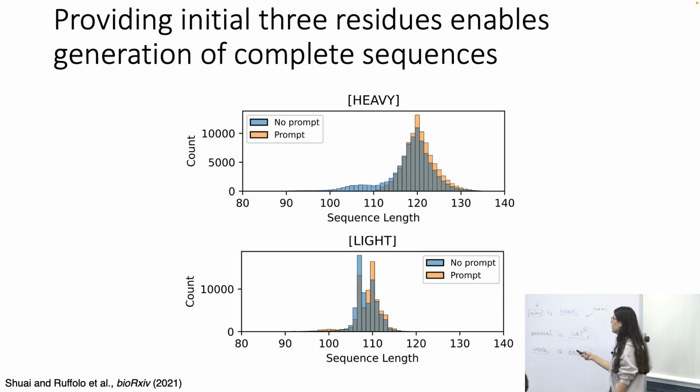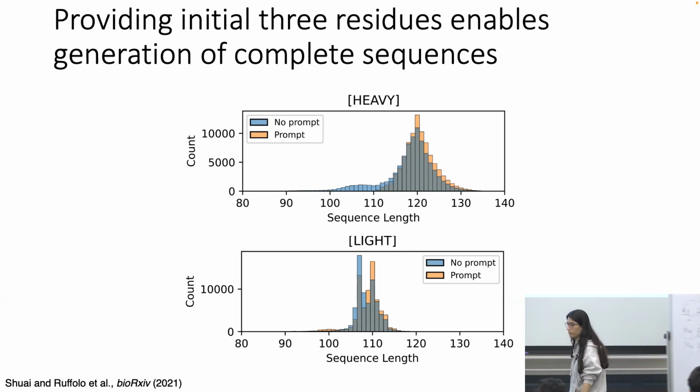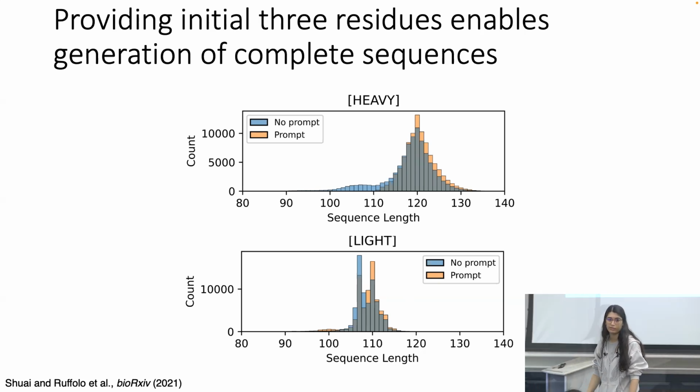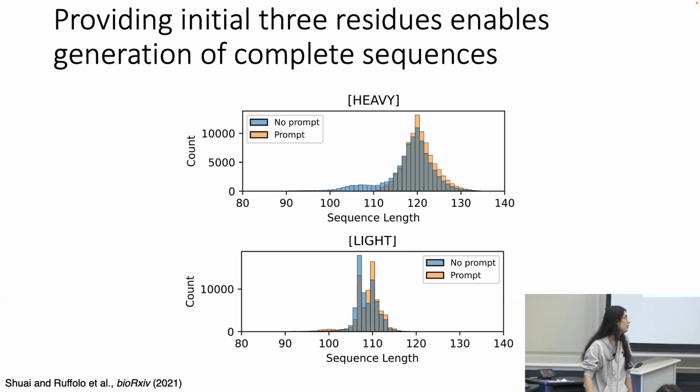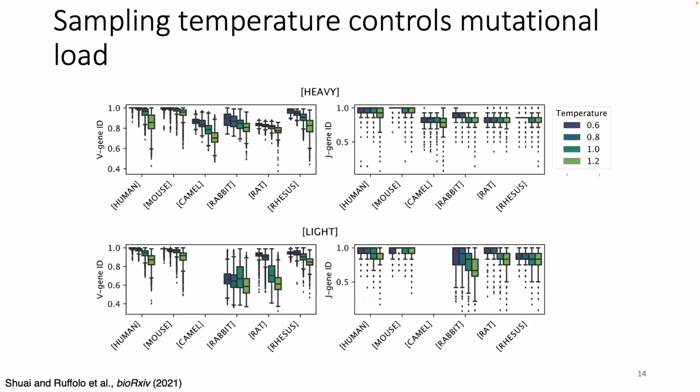So once again, no prompt would mean that we give how many initial residues as a starting point? 0. And then with the prompt, what does it mean for us? How many residues do we provide as an initial starting point? 3. And so let's take a look at the sampling temperature and how it controls the number of mutations.